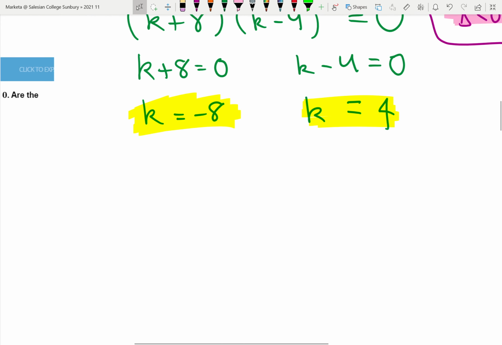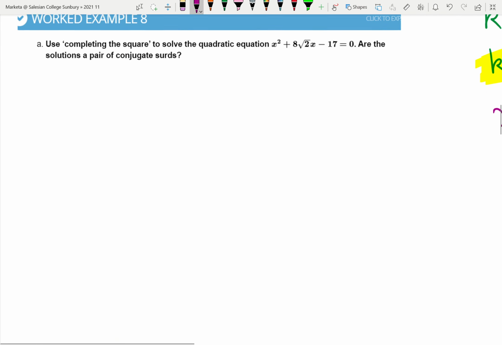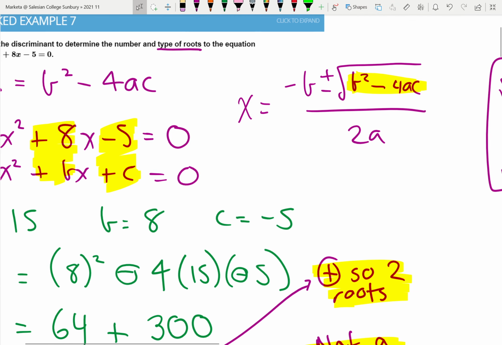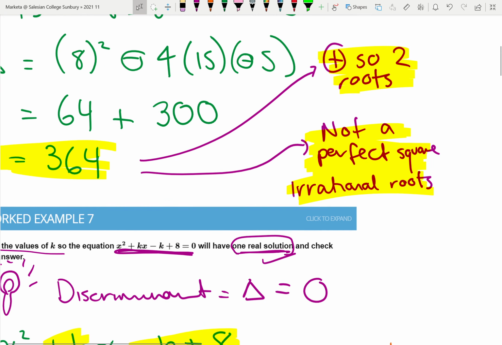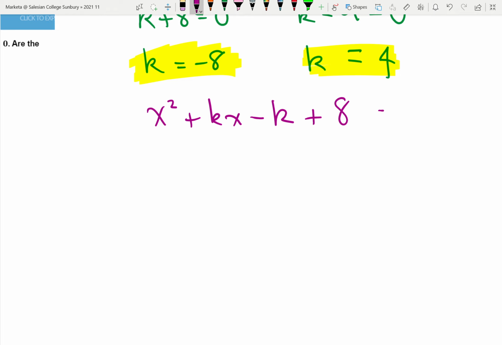Let's sub in those values. So now we're doing the check.